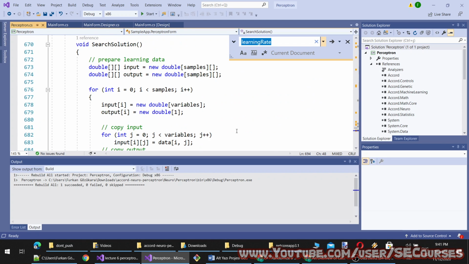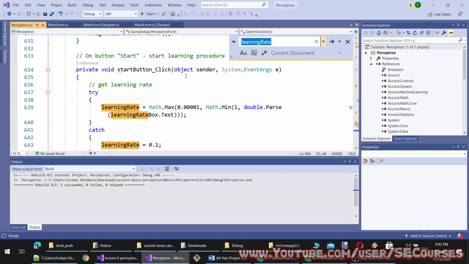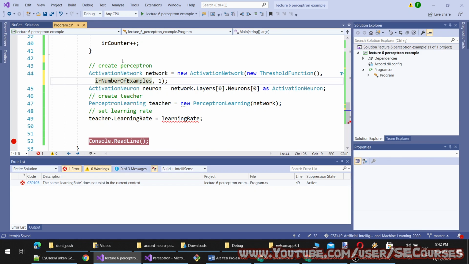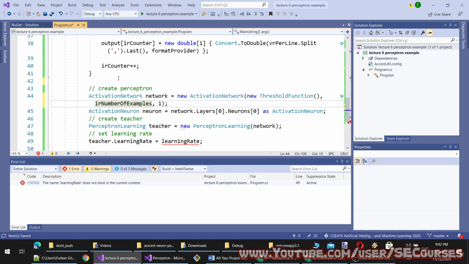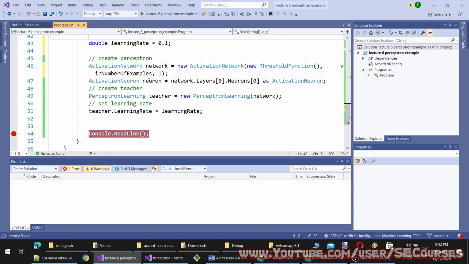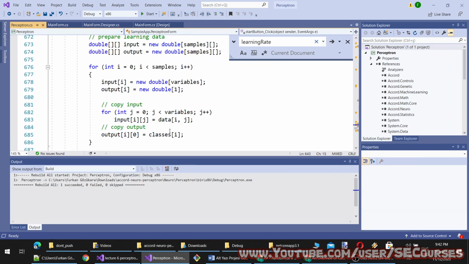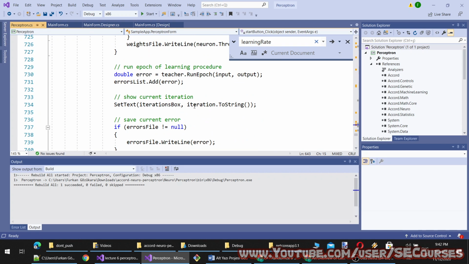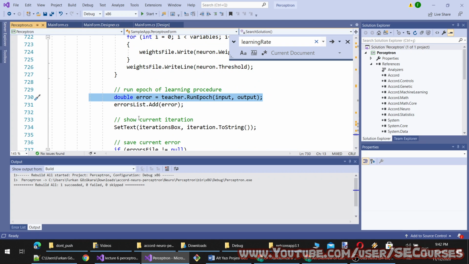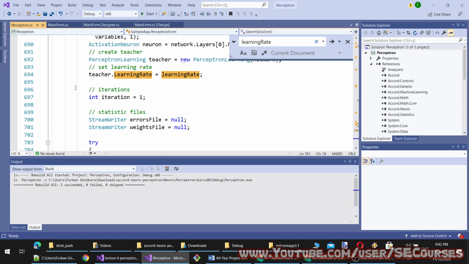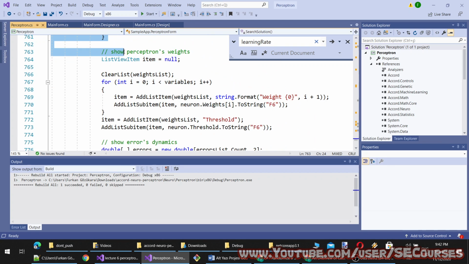Okay, so this is the default learning rate. I'm going to use it. Oh, this is a double, by the way. Okay, and then there is this one. By the way, how many times is it running? Okay, while needs a stop. I think we can copy and paste this exactly as it is.